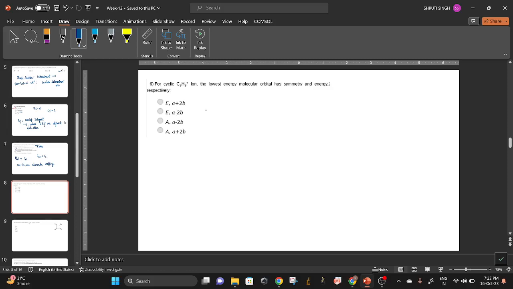So cyclopropenyl, the molecule looks like this with a positive charge here, and one H on each carbon, C3H3+. So this point group is D3h actually.